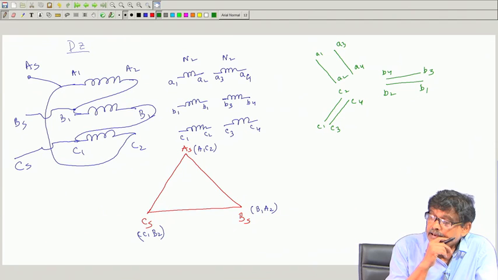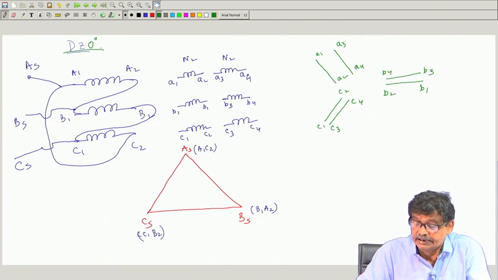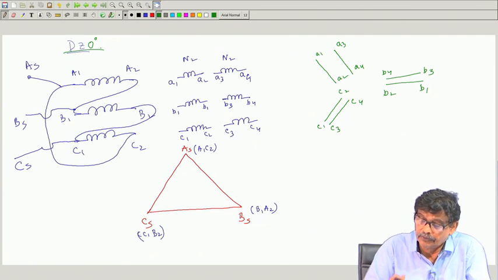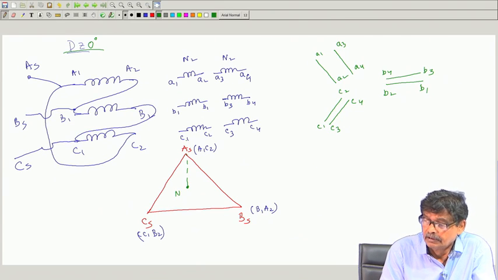In this case, you will find Dz0 or Dz180 is possible. How is it possible? Because with respect to neutral, on the primary side, this is the artificial neutral.